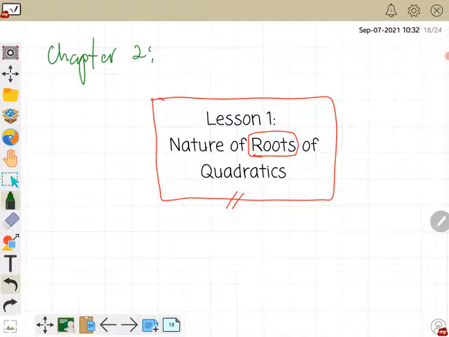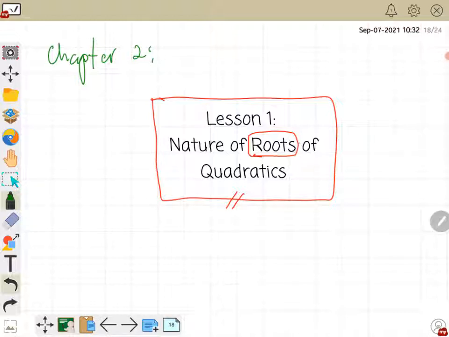In chapter 2, it talks more about the nature, the properties of quadratic equations in general, and the methods we learned in solving quadratic equations in chapter 1 may help us generalize the properties. So lesson 1 for chapter 2 talks about the nature of roots of quadratic equations.